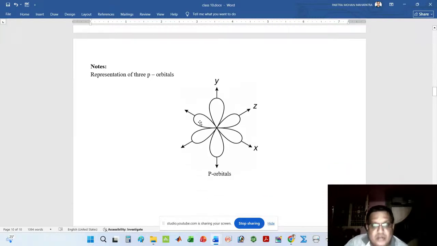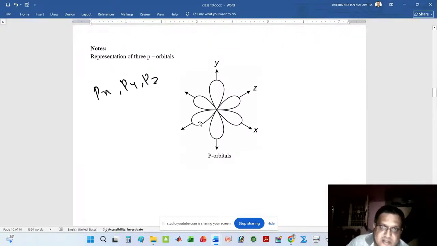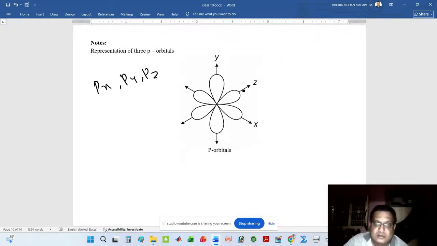Let me show the 3p orbitals, that is your px, py, pz in a three-dimensional axis. Then what will be the structure? What will it look like? Look at that. This is your x-axis. This is your y-axis.